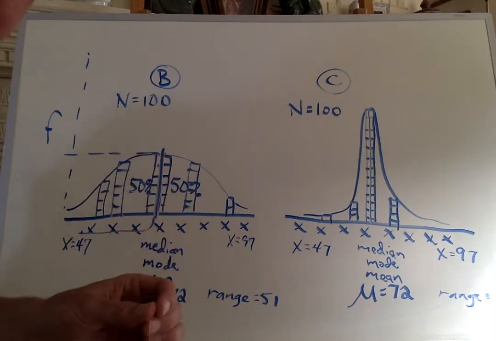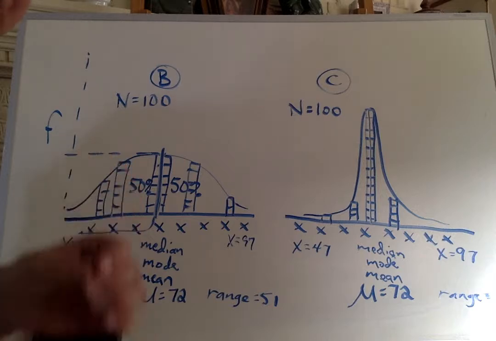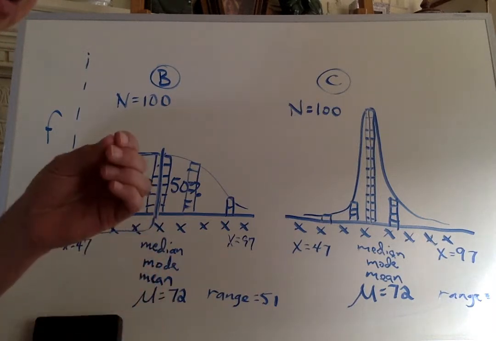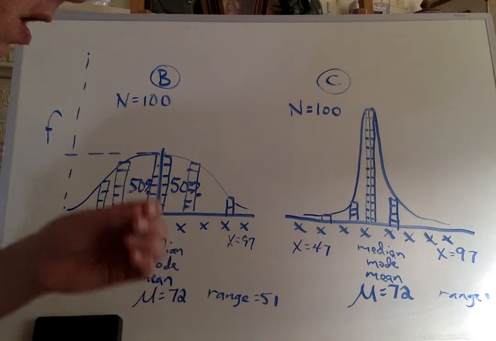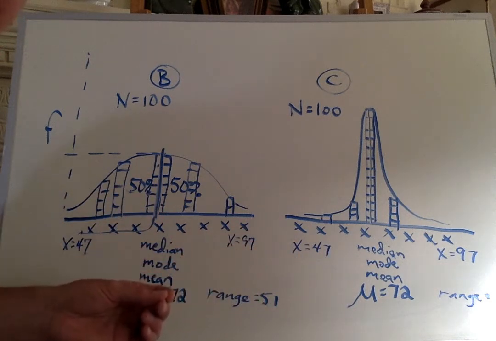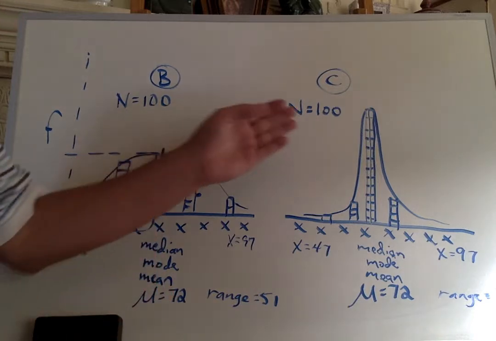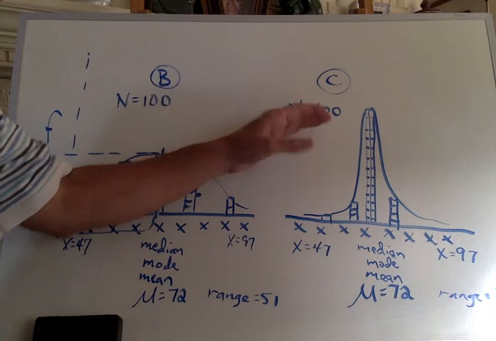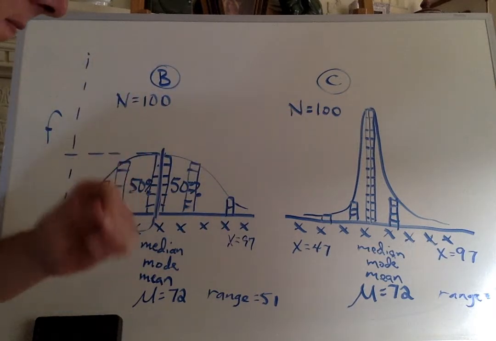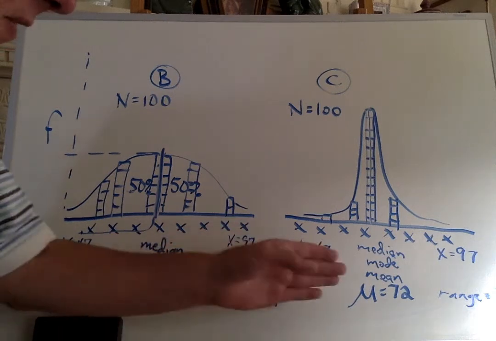But the problem is that the descriptive statistics that we have developed thus far do not differentiate between these two curves. Okay? So if I reported the sample size or the population size, whatever you want to consider it, same, same. Range, same, same. Mean, median, mode, same, same.